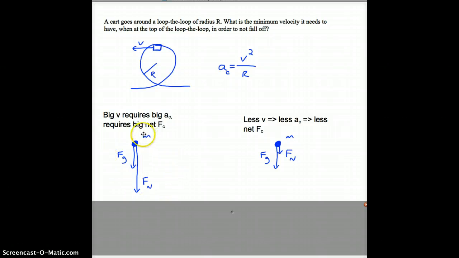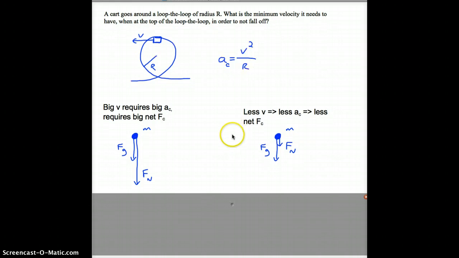That combination is what keeps redirecting the velocity vector into a circular path. If there's less of a velocity, then it presses into the track less. There's less of a normal force. Less net centripetal force is required to keep it in uniform circular motion.